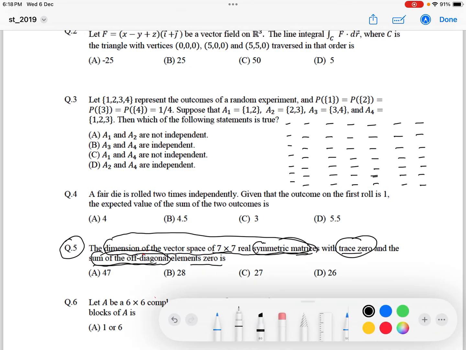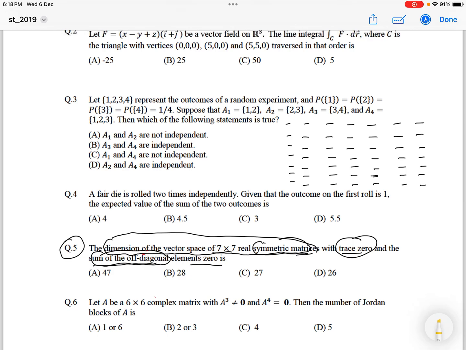Let me first mark the main diagonal elements and the off diagonal elements. This is the main diagonal, and this will be our off diagonal part.